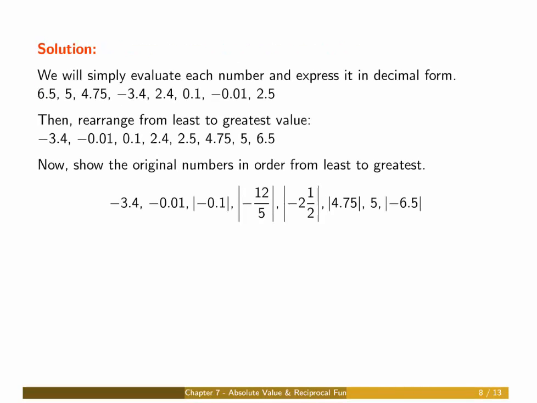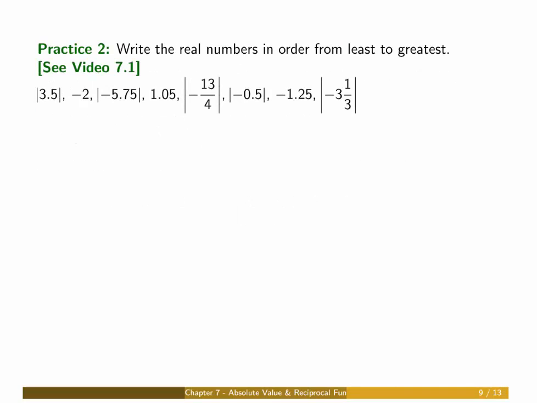So for instance, if we were to apply it to practice 2 here, given a series of different numbers, write the real numbers in order from least to greatest. This doesn't really turn up in any other application. This is an exercise in telling the difference between absolute valued numbers and non-absolute valued numbers. Basically all you're going to do is rewrite each number as it is.